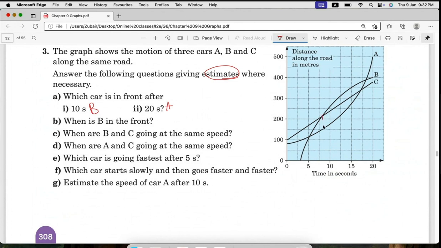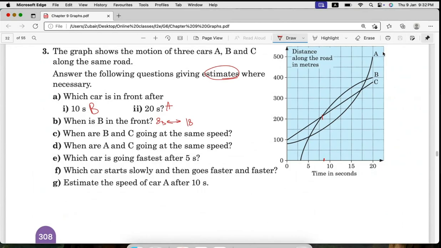This is the point of intersection. 7 or 8. Eight. So 8 seconds that it is in front. Let's just do the range, and it till like 15, 18.